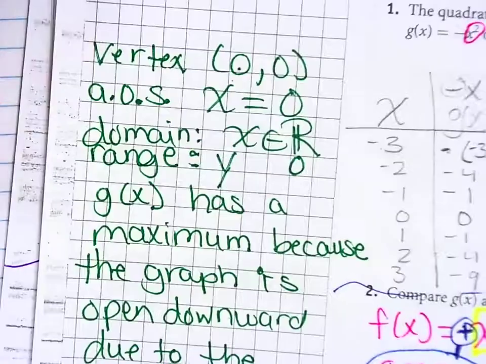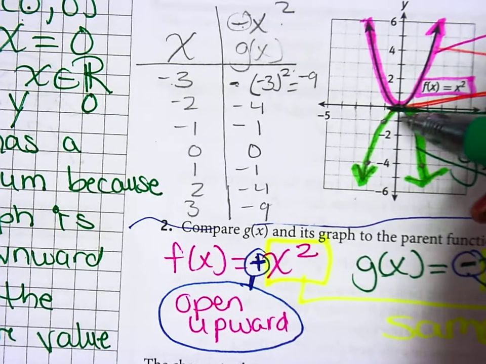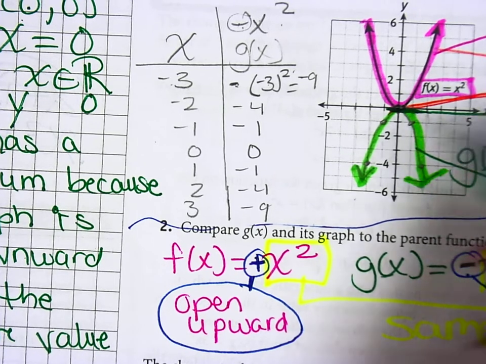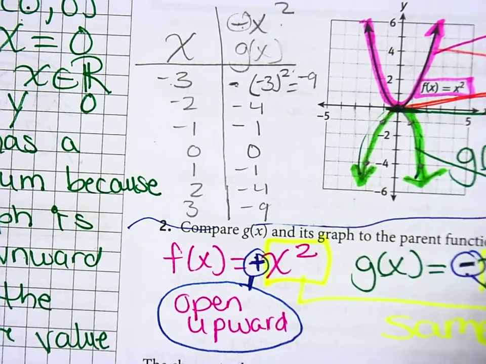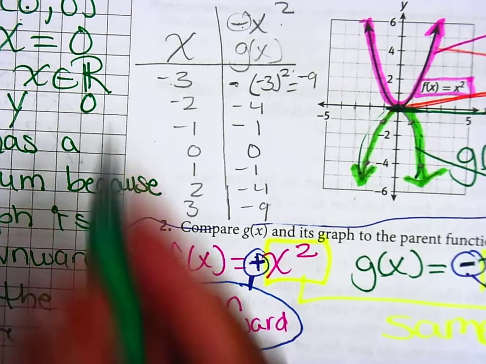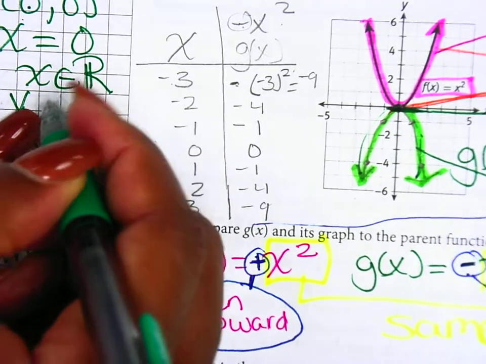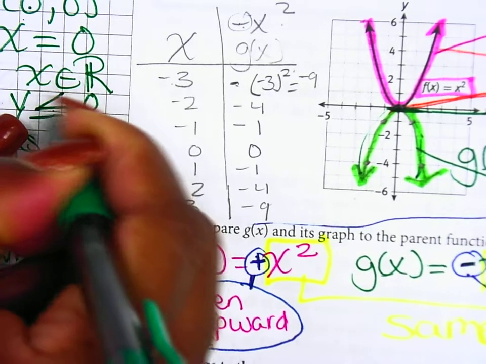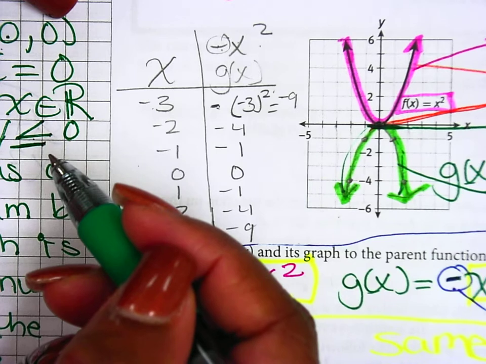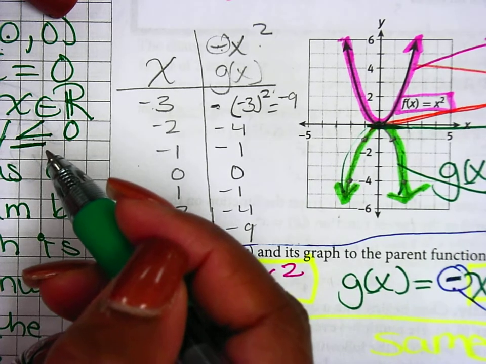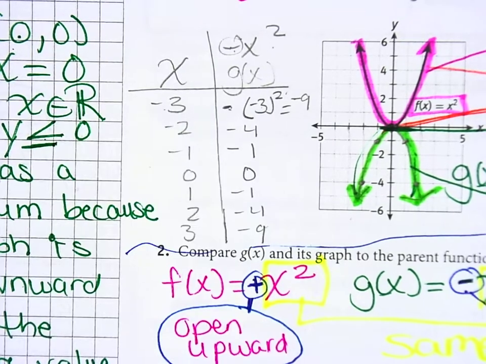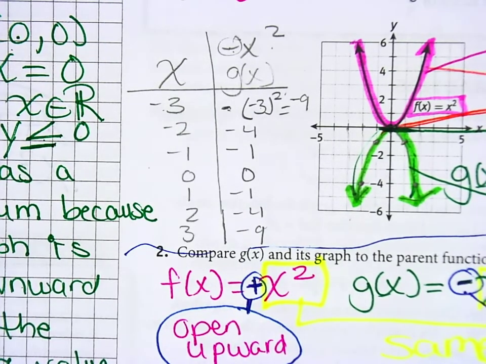But is the y value increasing or decreasing for g of x? Guys, whenever it's open downward, meaning whenever the coefficient of x squared is negative, your range will be y is less than or equal to your vertex y value, whatever that maximum is.